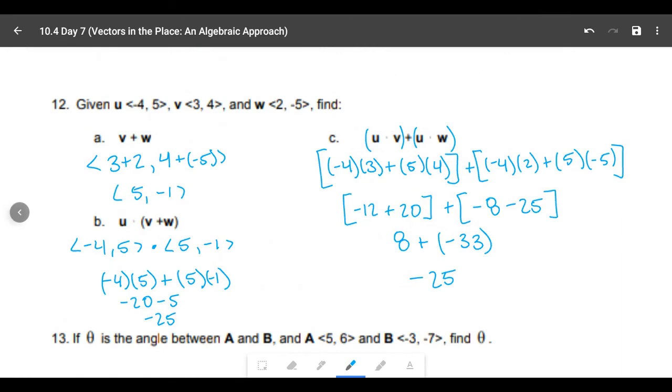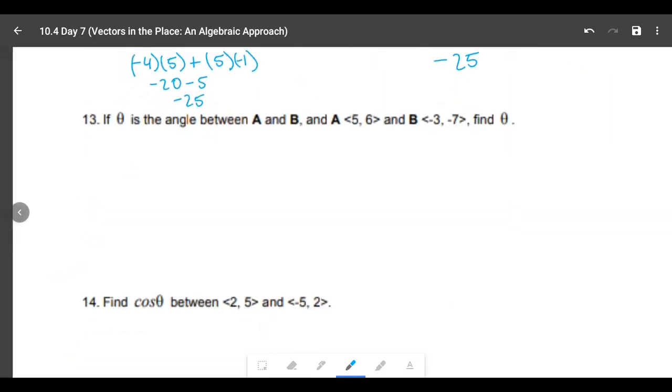So what that means is if you look back to part B, if I took u and distributed that with the dot product inside of my parentheses, we would have gotten what part C was asking us to do. And as we have just shown, both ways do give you the same answer.